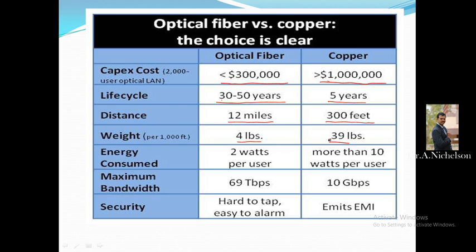Then energy consumed is also 2 watts per user, but for copper, energy consumed is more than 10 watts per user. And the maximum bandwidth is 69 terabyte per second, whereas here it is 10 GB per second.